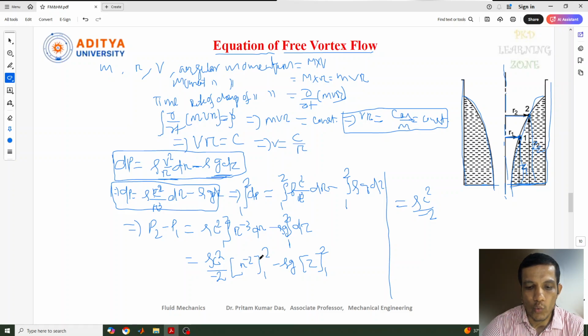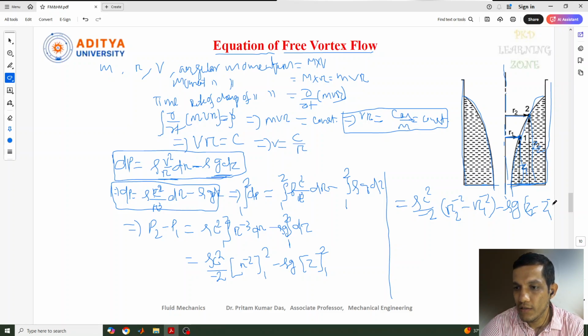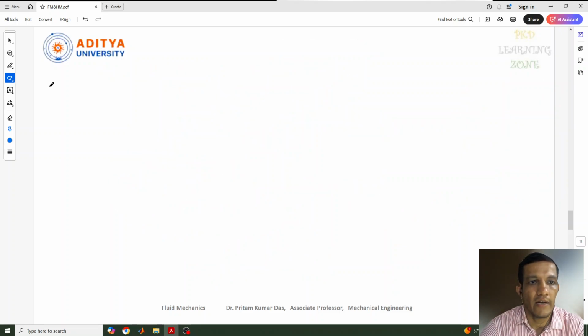R to the power minus 2, which we can write in brackets as R2 to the power minus 2 minus R1 to the power minus 2. Here again we can write rho g in brackets Z2 minus Z1. Okay, this is the equation we are going to get from that. Again we can solve it. Let me write on another page, so here let me start from the starting.